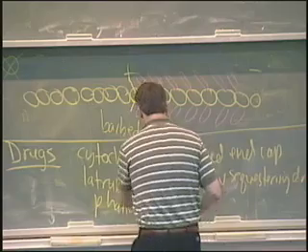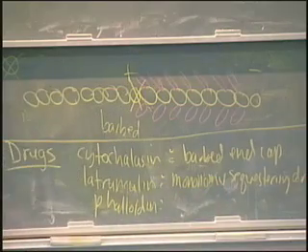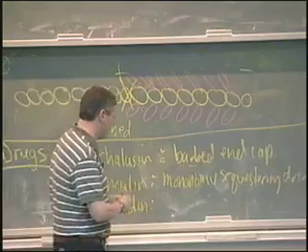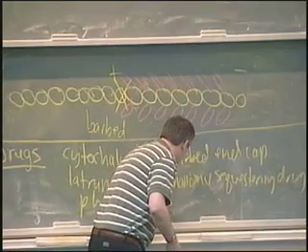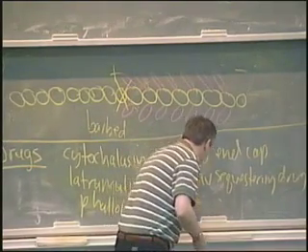Then finally, phalloidin is this mushroom toxin that binds to actin filaments and it stabilizes the filaments. One of the important properties of actin filaments is that they can assemble, but then they can rapidly disassemble. Phalloidin binds to the filament and prevents disassembly.